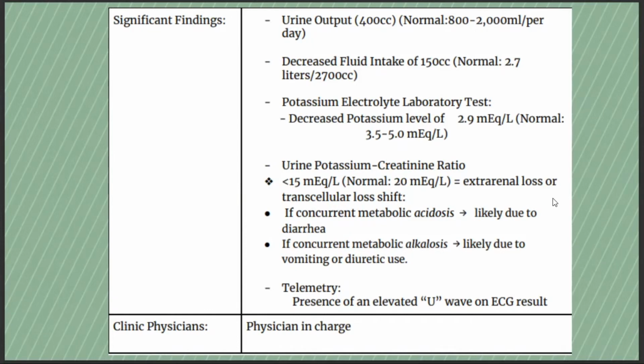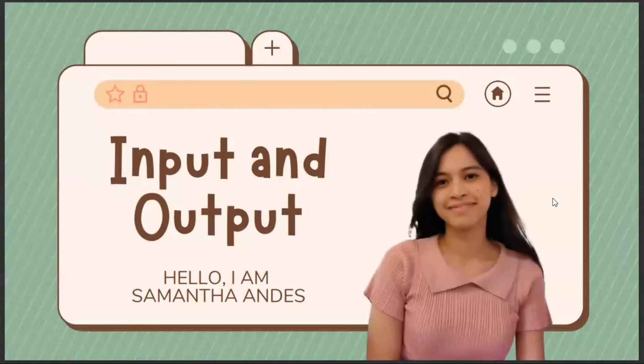And if it's a concurrent metabolic alkalosis, it is likely due to vomiting or diuretic use. And the ECG result of the patient shows the presence of an elevated U wave. And the clinic physician in charge. And the next reporter will report about the input and output.